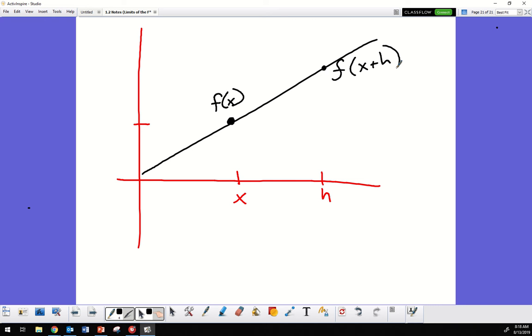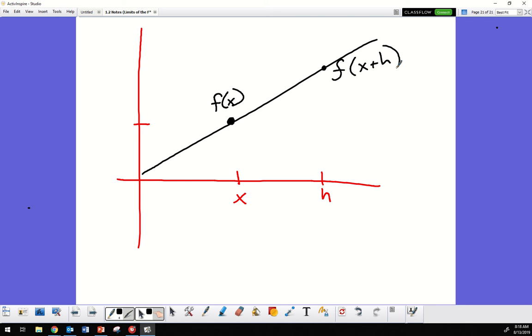I don't know what this is going to be yet, but it's going to be something. To figure out the second one, I'm just going to add it to my x value, which hopefully I will know. So now I have 2 points, don't I? I have this point here and this point here.